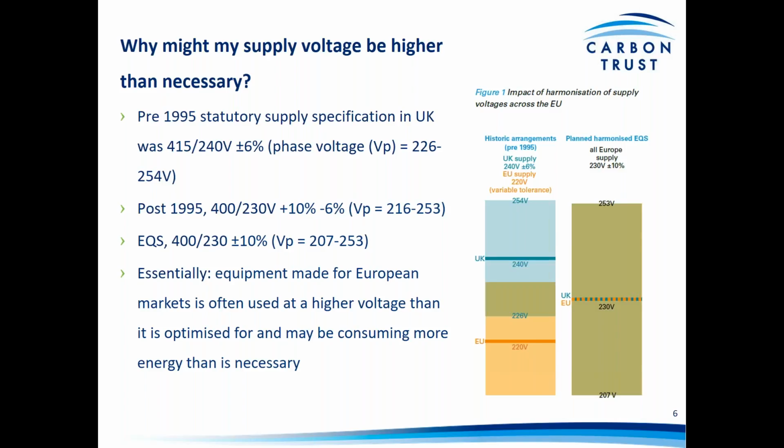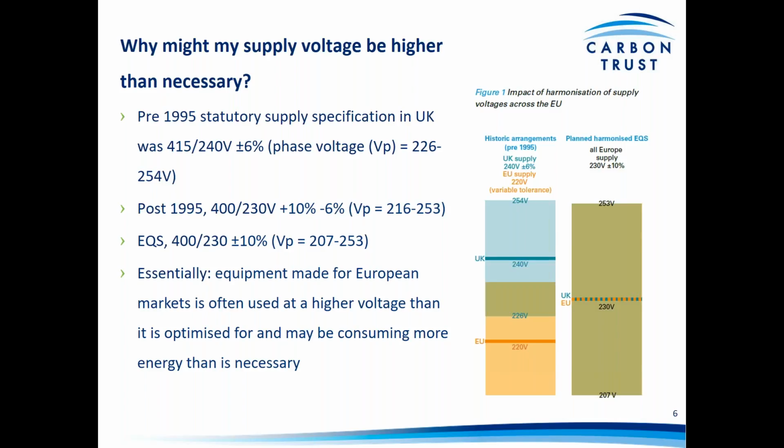Until 1995, the statutory supply specification in the UK was 240 volts at single phase with a tolerance of plus or minus 6%, essentially meaning that the phase voltage would be somewhere between 226 and 254 volts.